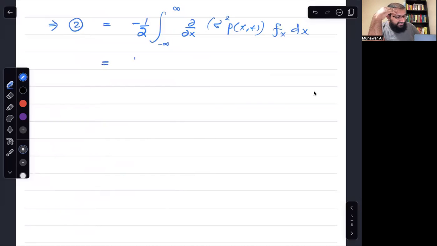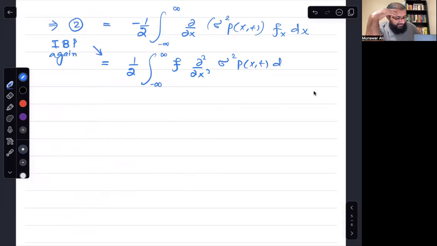If you apply integration by parts again, this negative becomes positive, and from minus infinity to infinity, now it becomes f only, and this becomes the second derivative of sigma squared p of x,t dx.